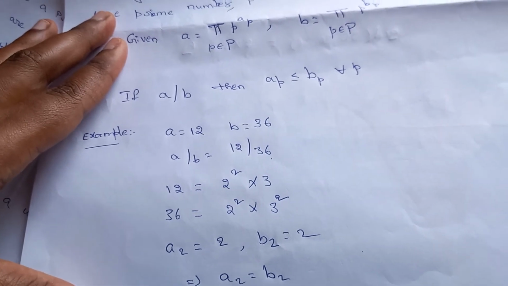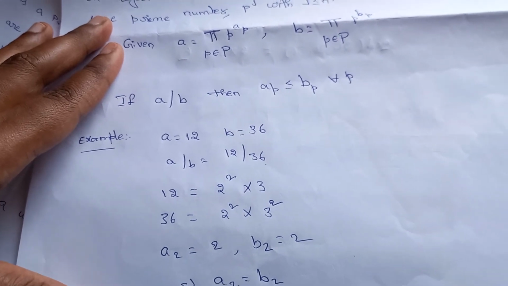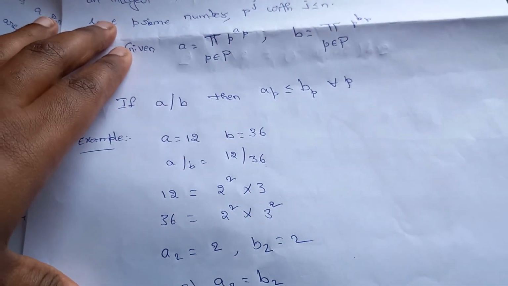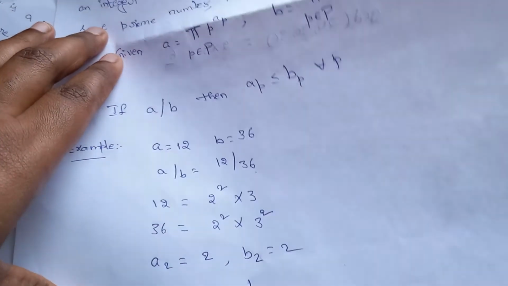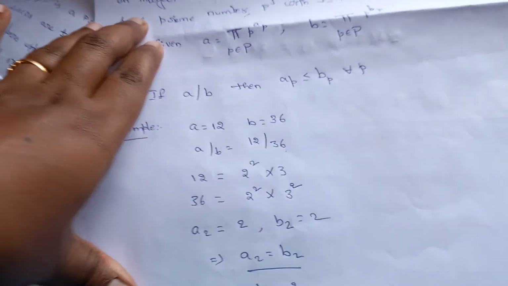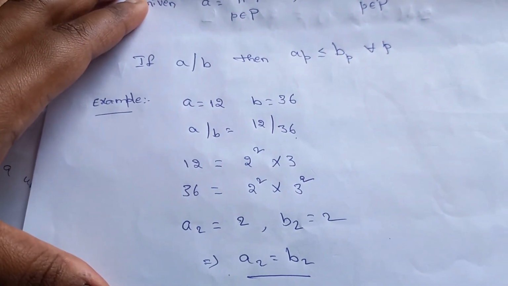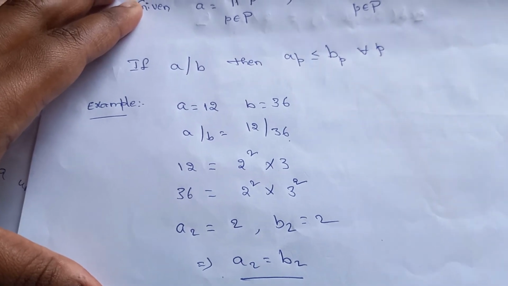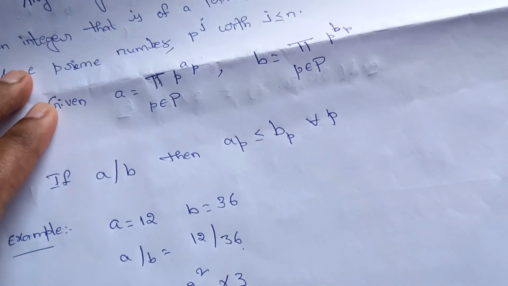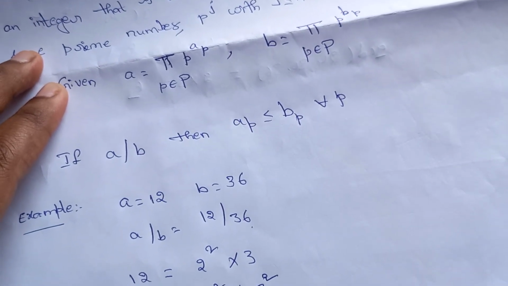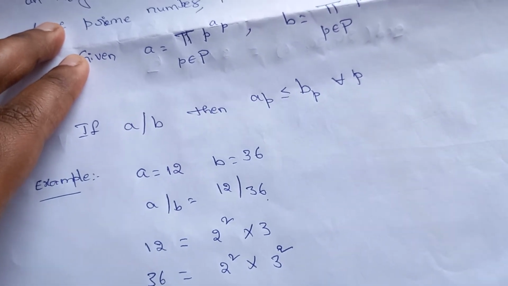Hope you understand up to here. Here 2 and 3 are the prime numbers. 36 is 2 power 2 into 3 power 2, that is 4 into 9. Next, a2, b2. Why are we taking a2, b2 like that, why don't we take 1, 2? Whatever prime p you are taking in a power ap must be the suffix of a.